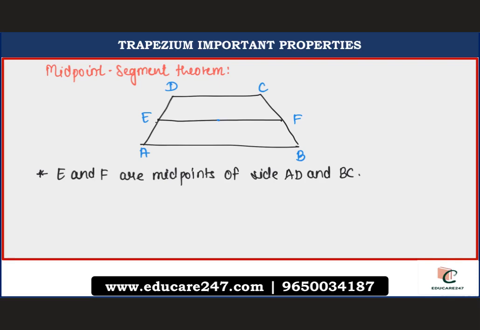In this case, the value of EF, that is this mid segment, will be half of AB plus CD. So this line segment is equal to the sum of AB plus CD divided by 2, in short. Very important theorem. You have to keep this in mind, because a lot of times there are questions where you have to use this particular theorem, and if you are not aware of the midpoint segment theorem, you will be lost.